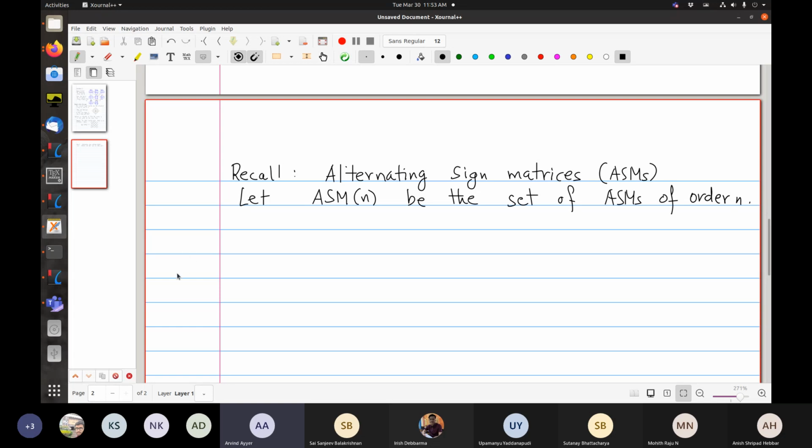I'm going to define a few related objects because they will come in useful in the correspondence.